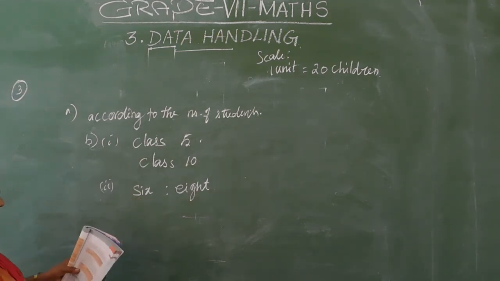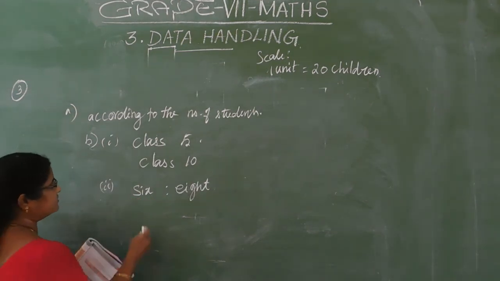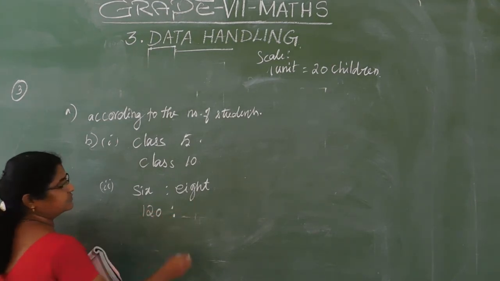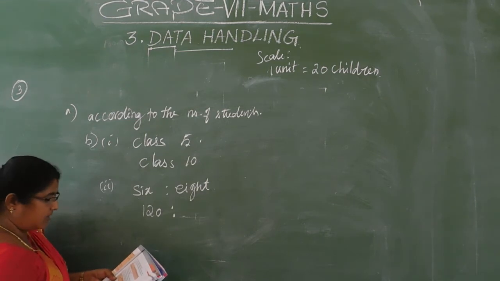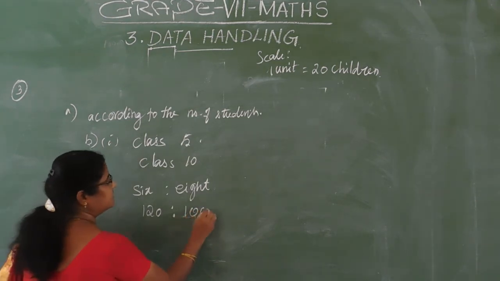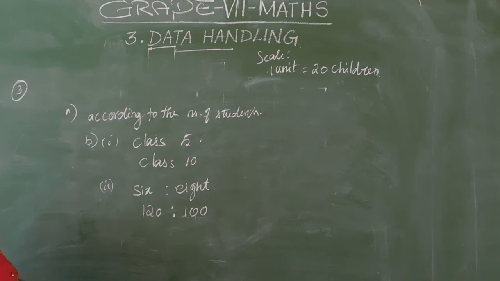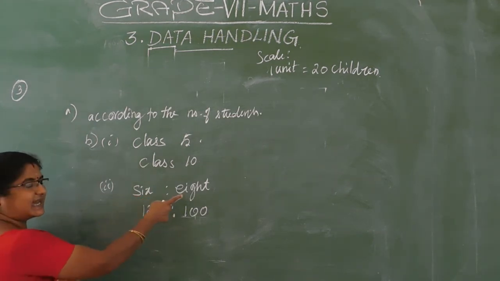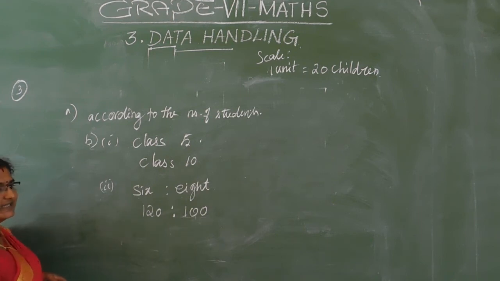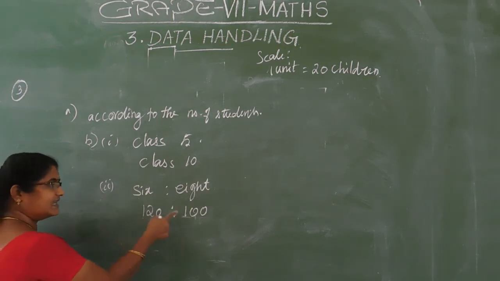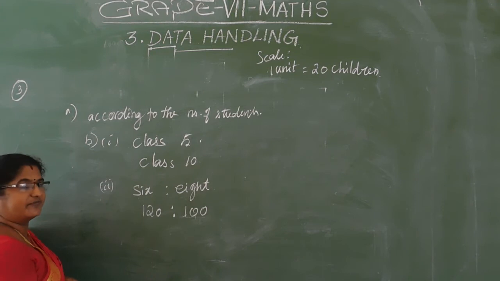So class 6, how many number of children? 120 is to. Class 8, how many number of children? 100. So this is the ratio of the number of children in class 6 and class 8. For that we have to write only 120 is to 100. Is there any common divisor? We have to simplify and write.